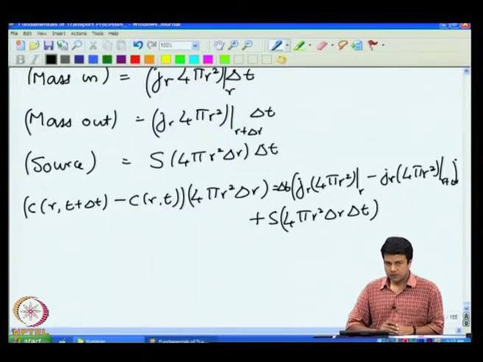So, that is the total equation, and then we divide throughout by volume times time.